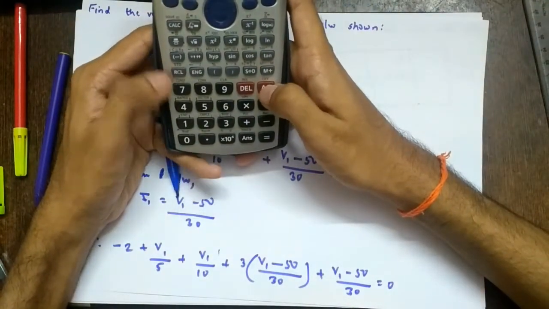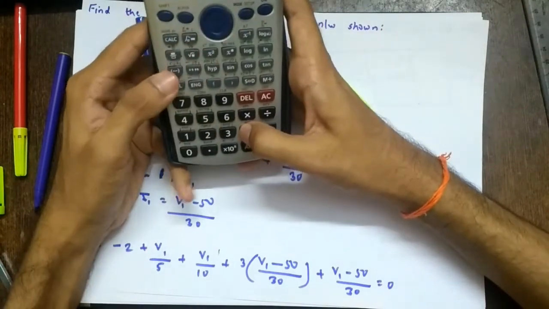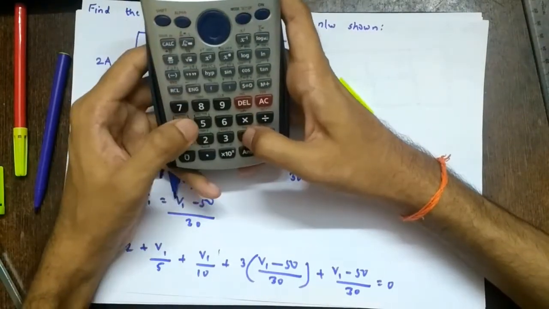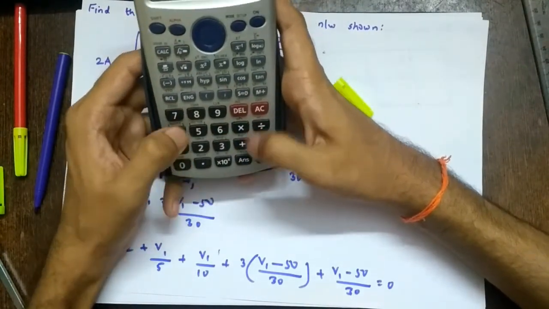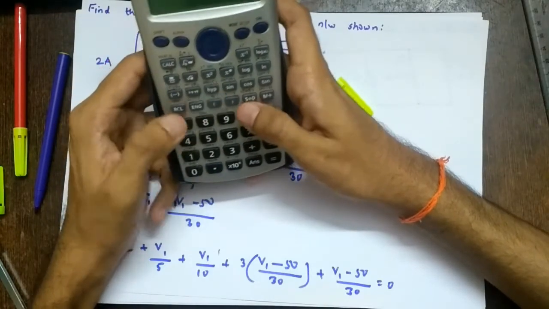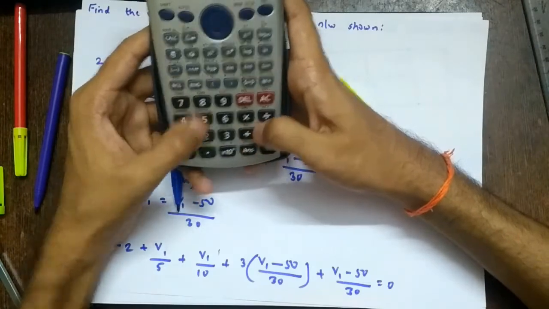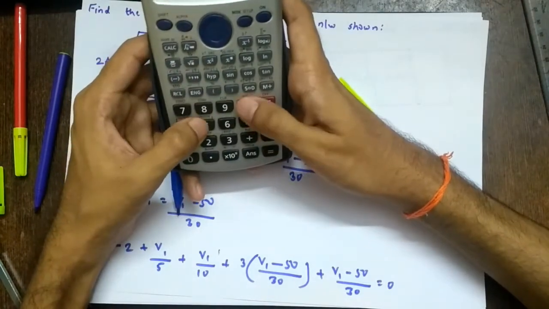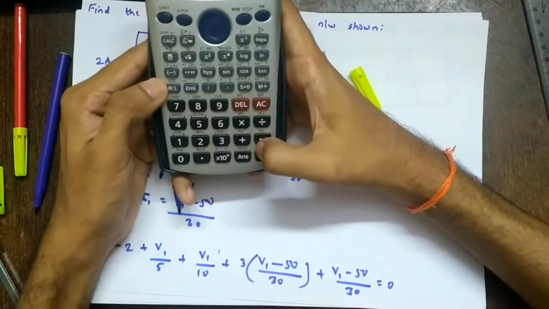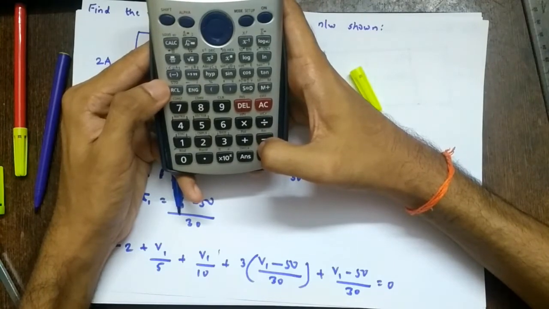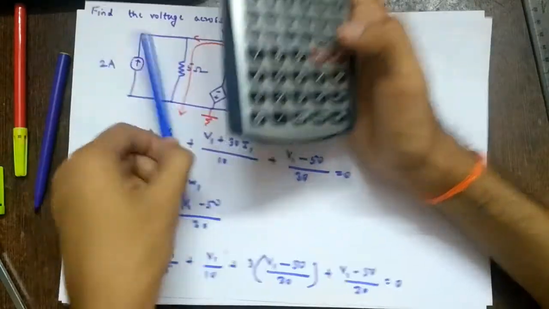So calculate the terms in V1: 5 inverse plus 10 inverse plus 3 by 30 inverse plus 30 inverse. That gives 31 by 3.